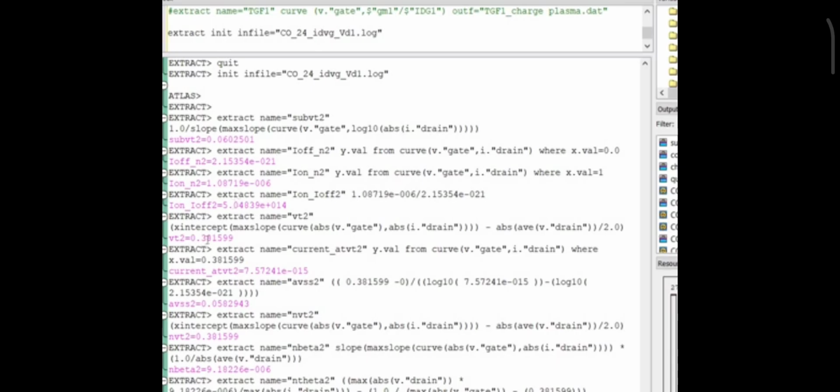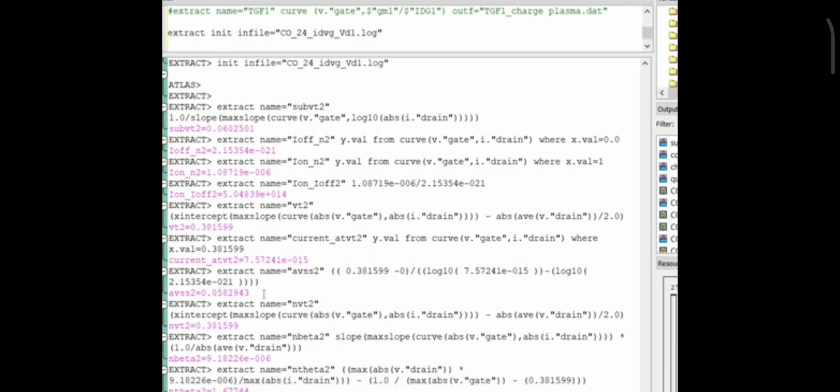This is the threshold voltage when the VDS voltage is at 1 volt. When the VDS voltage is 50 millivolt, threshold voltage is approximately 0.5 volt. But when the VDS voltage is increased to 1 volt, the threshold voltage is reduced to 0.38 volt. This is the current at the threshold voltage.